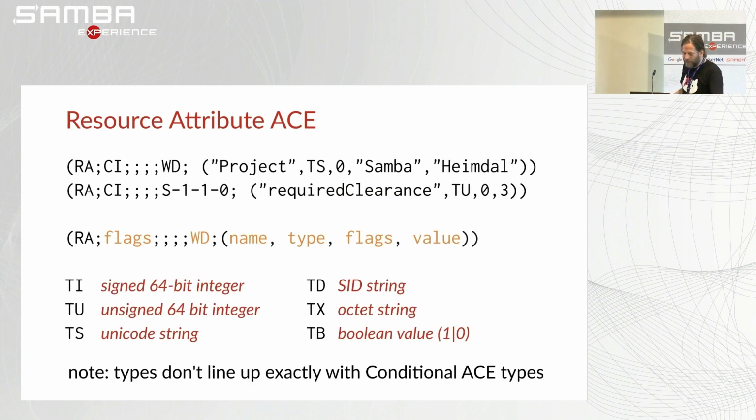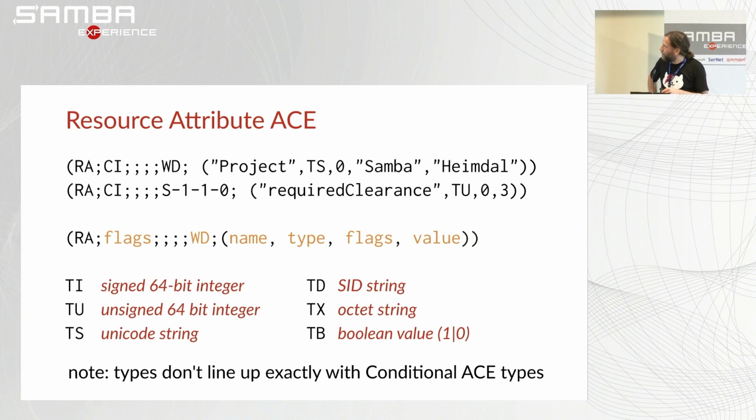A resource attribute comes from another new kind of ACE, and it's just called RA at the beginning, and then it has to have all the colons and semicolons in there, and nothing except the SID, and the SID has to be WD. And then it's got a name, a type, some flags which I don't know what they are, and then that list of values.